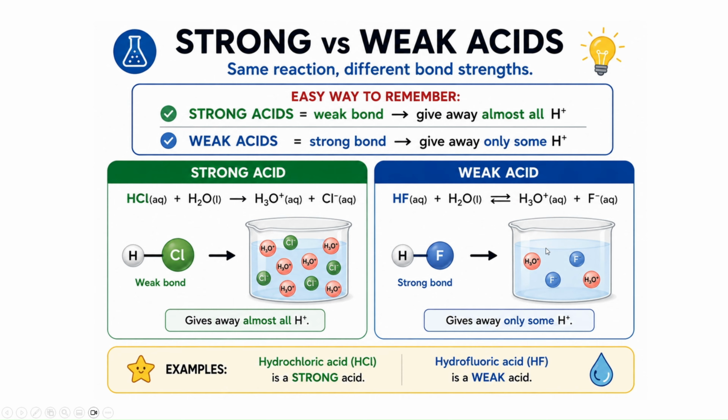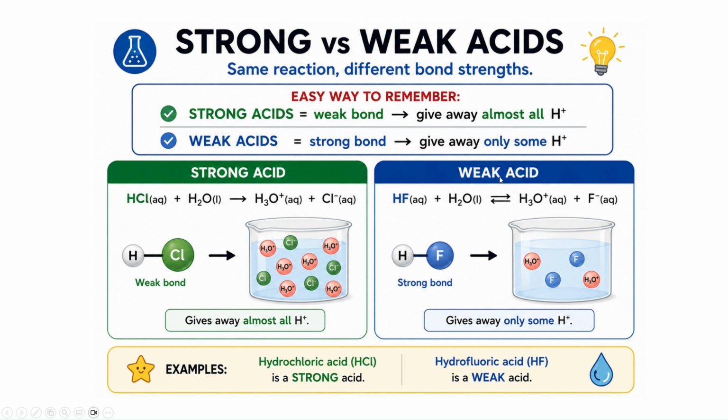In contrast, weak acids hold onto their hydrogen ions more tightly and only donate some of their hydrogen ions. For example, hydrochloric acid is a strong acid, and hydrofluoric acid is a weak acid.